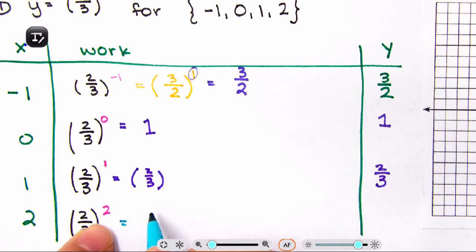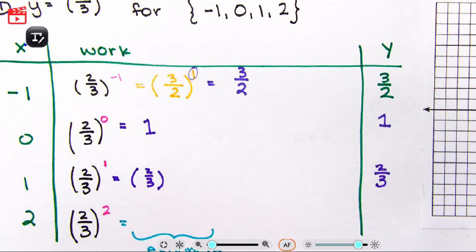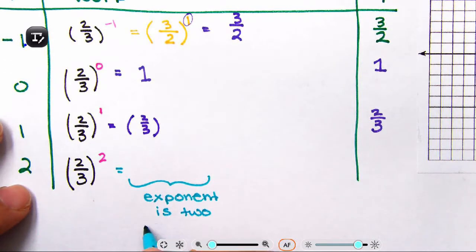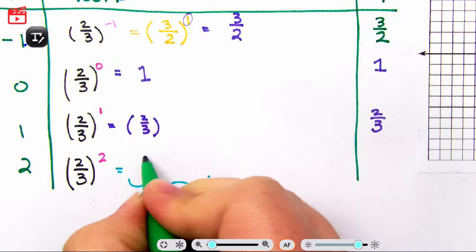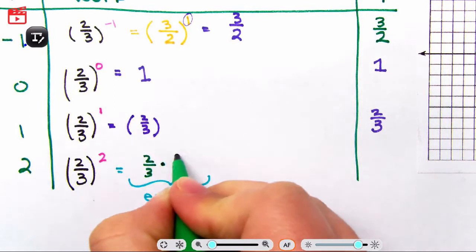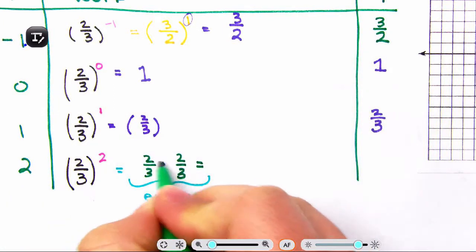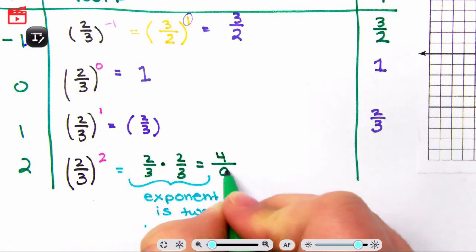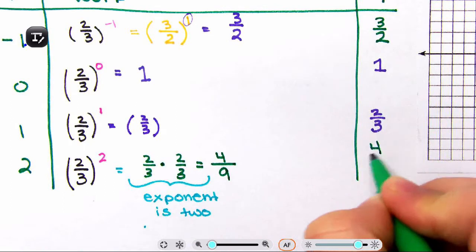Our exponent is 2, so we are writing it twice. 2/3 times 2/3. So what is 2 times 2? 2 times 2 is 4. What is 3 times 3? 3 times 3 is 9. So for this output, I have 4/9.